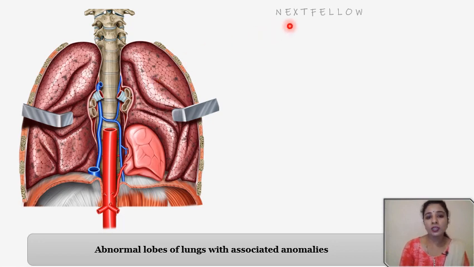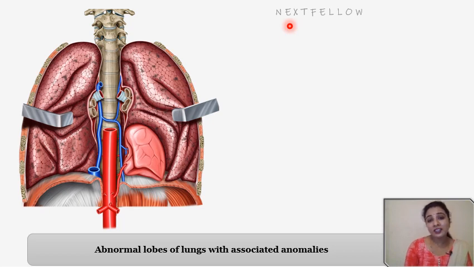These anomalies occur due to abnormal division of the principal bronchi into lobar bronchi, and they are associated with anomalies of lung fissures. They are not clinically significant because the individual would be very normal, even if they have 2 fissures or 3 fissures abnormally present.